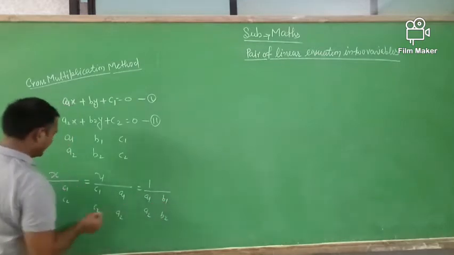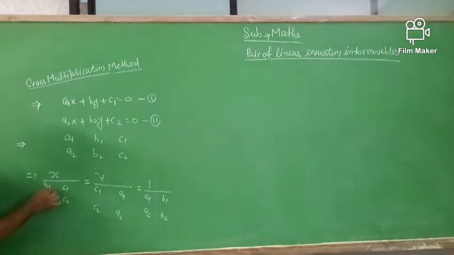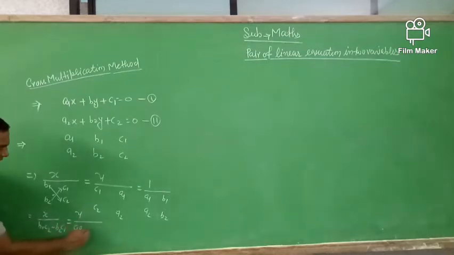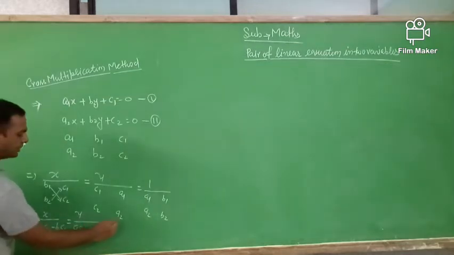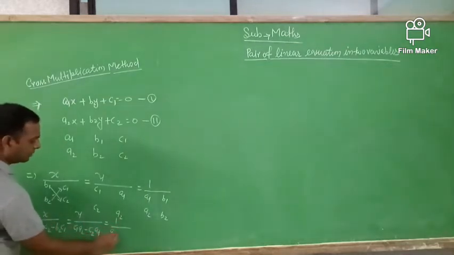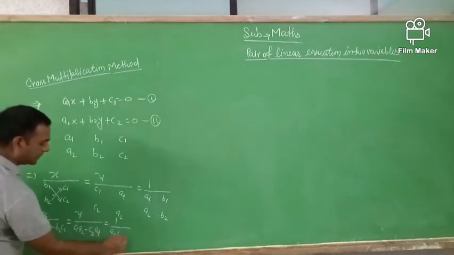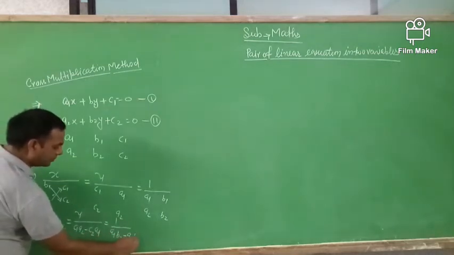The upper product you multiply with the positive sign and the lower with the negative sign. So x upon b1c2 minus b2c1 equals y upon c1a2 minus c2a1, which equals 1 upon a1b2 minus a2b1.